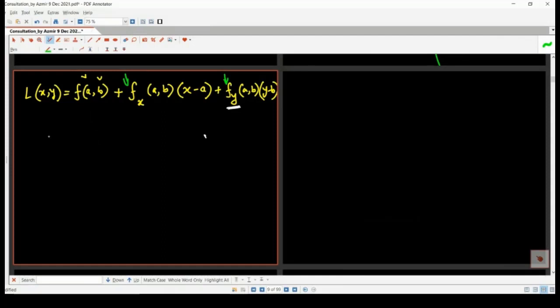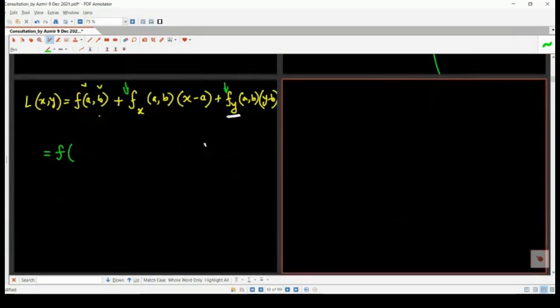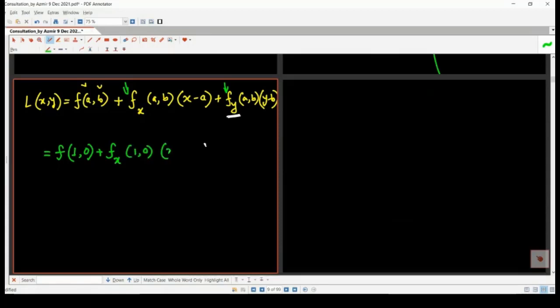We are going to have L of x comma y. So it will be f of a comma b, that means f of 1 comma 0. I am writing the formula in simplified form. So f sub x 1 comma 0, x minus a, which is 1, plus f sub y a b, that is 1 0, y minus 0.